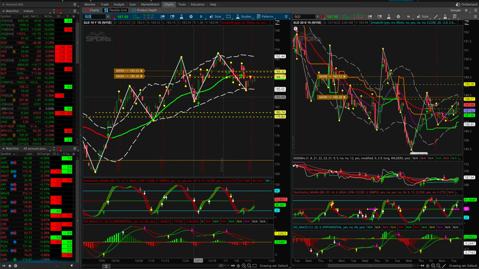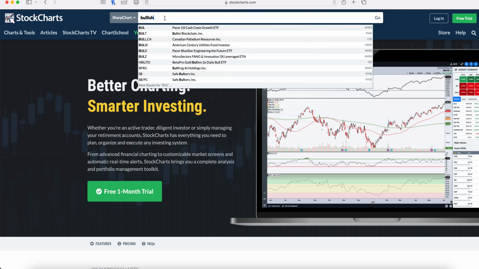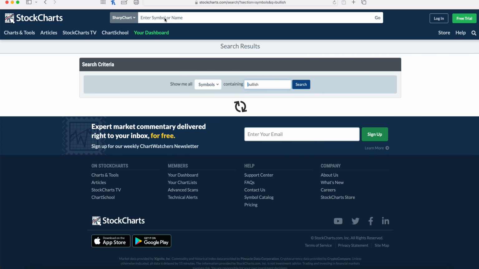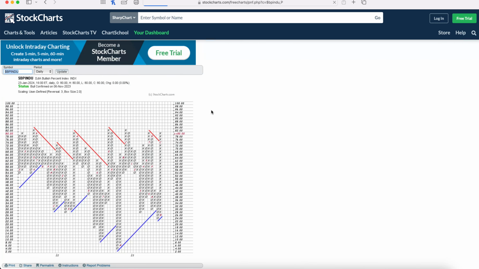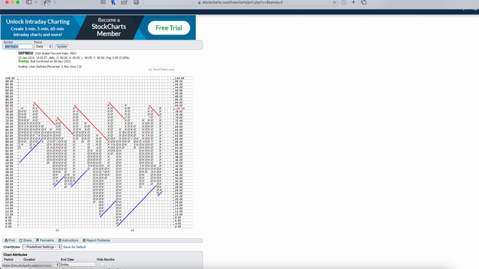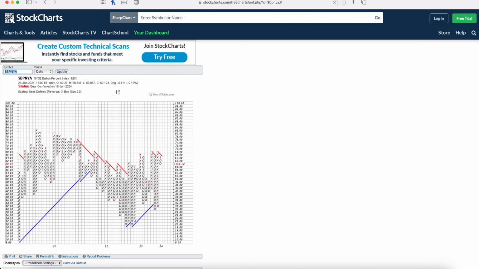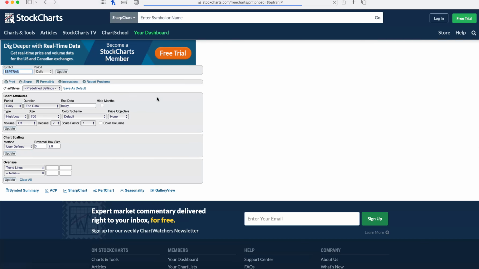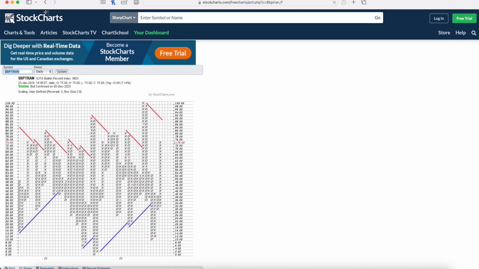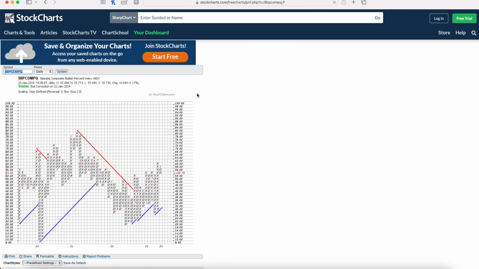All right, and now I'm going to flip over to stockcharts.com and do the bullish percent indexes. The industrials didn't move. The NYA minus 0.19%, which isn't very much at all. Transportation, it's up 7.14%, so looks pretty bullish.